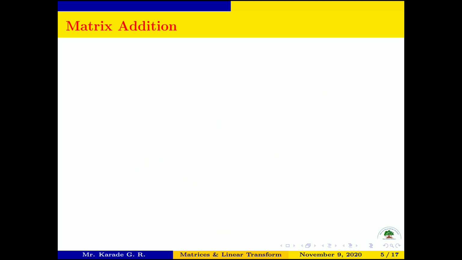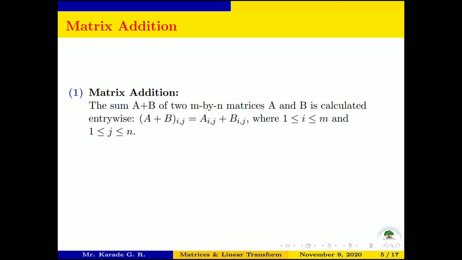Now matrix addition. Now we see the operations on matrices. So all of you know the matrix addition. Okay, so how to add two matrices? The sum A plus B of two m by n matrices A and B is calculated entry wise.